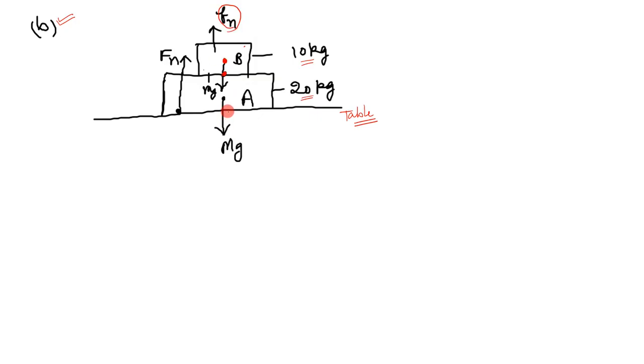Similarly, just as in part A, the weight of the bigger block will act vertically downward, which is given by capital Mg, and the normal force that the table exerts on the bigger block A will now be written by the symbol capital Fn.